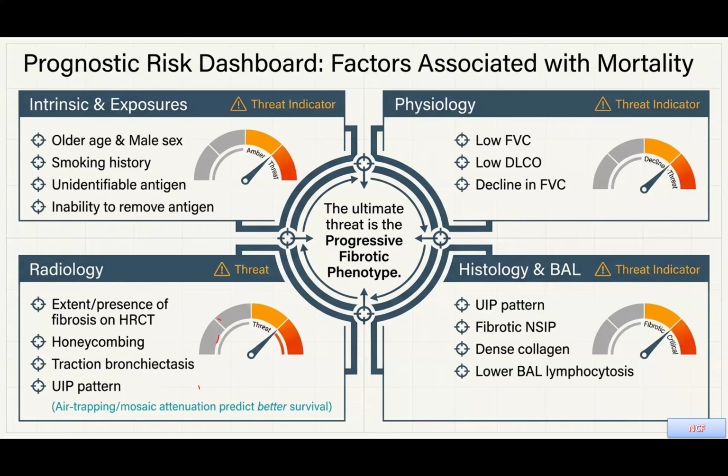On spirometry, if there's a low FVC, low DLCO, and a rapidly declining FVC. And on histology and lavage, if it's a UIP pattern, fibrotic NSIP, dense collagen on histology, and lower BAL lymphocytosis, all of these are markers for a poor prognosis and a progressive fibrotic phenotype.